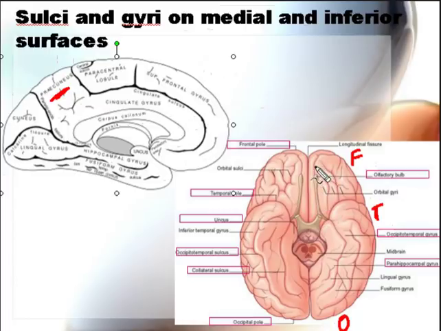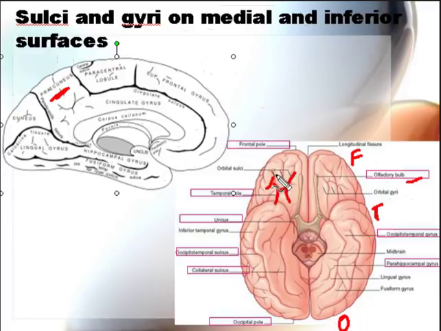That sulcus is known as the olfactory sulcus, and the olfactory bulb is to do with olfaction, or smell. Then you have little orbital sulci which divide this orbital surface into four regions.